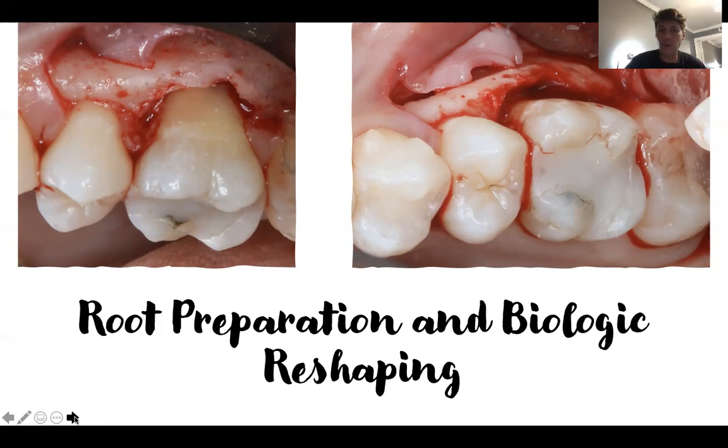With these bulbous root forms, healing does not occur naturally, which is part of the reason why this defect developed in the first place. So by flattening out the root surface and fluting the roof of the furcation, which is difficult to see from this view, we have aided in the healing process.